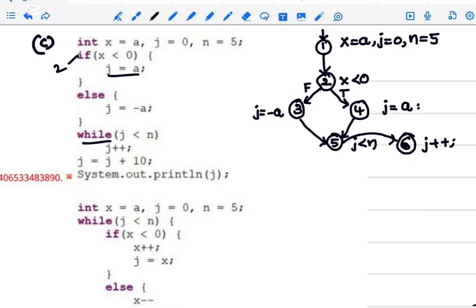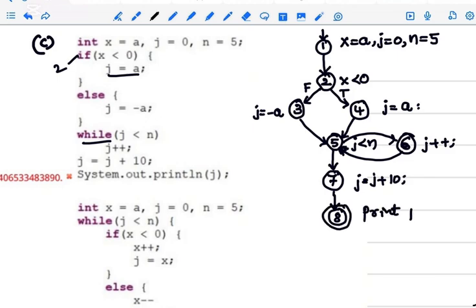After that, it will again reach the loop, right? Go back to the same node, the initial node. After this, at node 7, j equals j plus 10. Next, node 8, that is the terminal node, println of j.